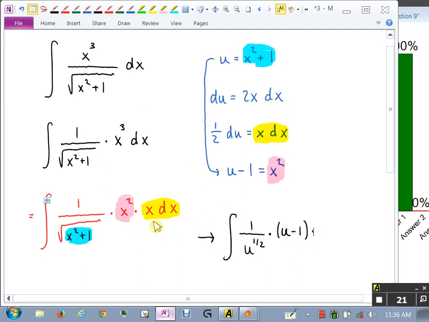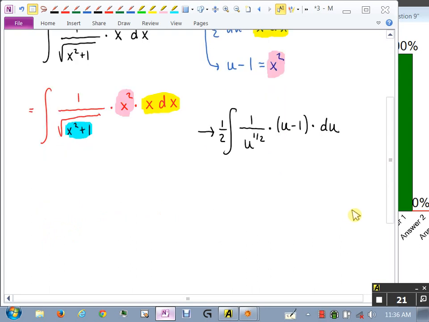Times now my x dx, which is the 1/2 du. I'm going to go ahead and pull that 1/2 all the way out and just tack on my du at the end there. And that's really just 1/2 times (u minus 1) over u to the 1/2 du.